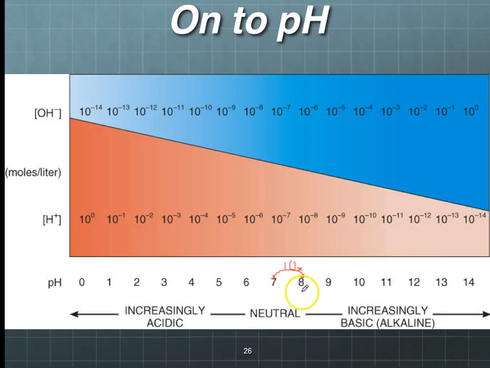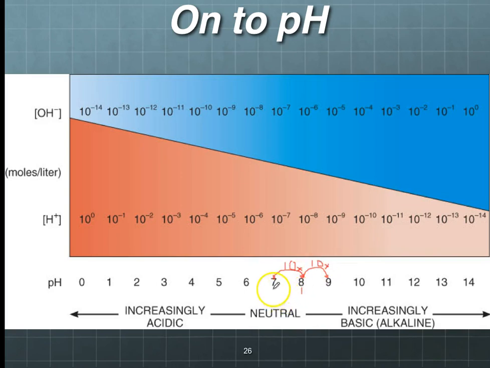Okay, so something that has a pH of 8 is actually 10 times more basic than something that has a pH of 7. Okay, and if I went from 8 to 9, again, that is 10 times more basic. Okay, so each number, there's actually a tenfold difference between each number.